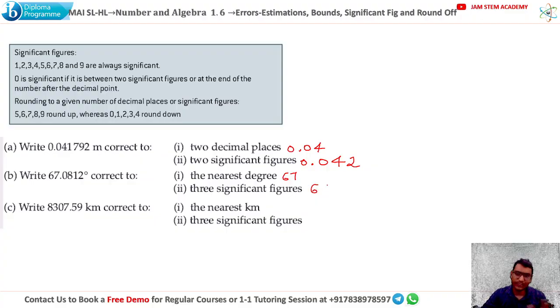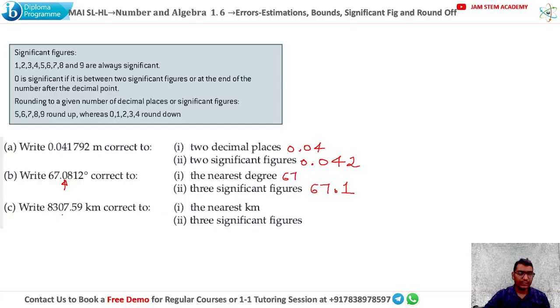First significant figure 6, second significant figure 7. Then there is a decimal. I need one more significant figure. So I have to check for one more digit, which is 0. So in order to check corresponding to this 0, I have to check the next one, which is 8, more than or equal to 5, meaning this will become 1. Now it is three significant figures, right?